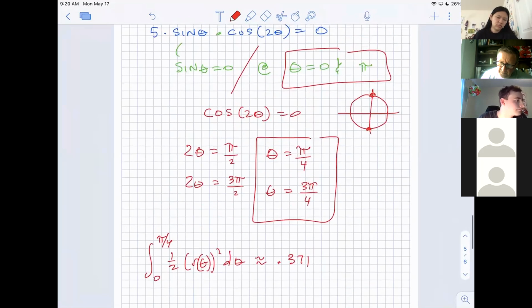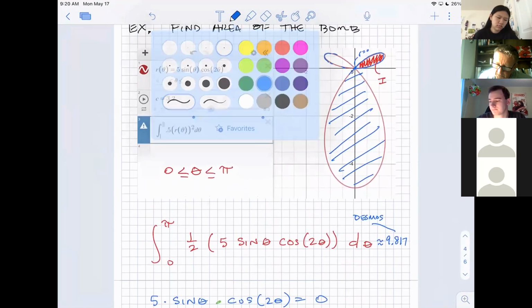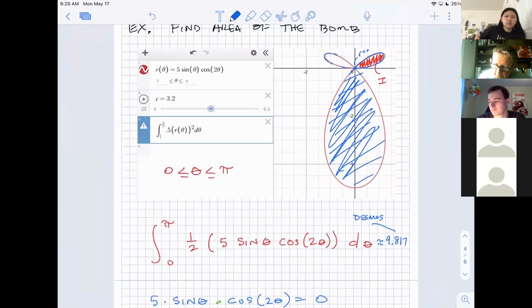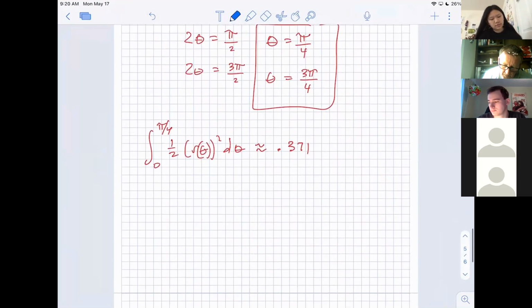And then this blue area, let's again color that in really dark. That's obvious what we mean. This is kind of area 2. So area 2.